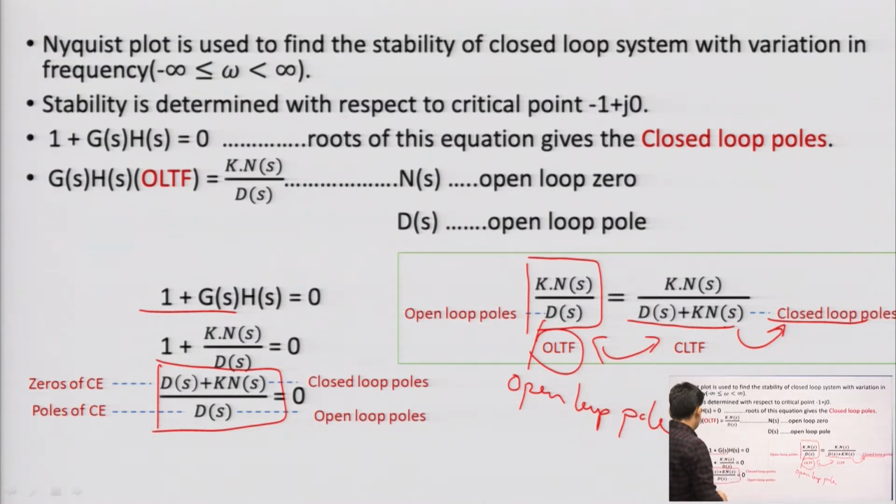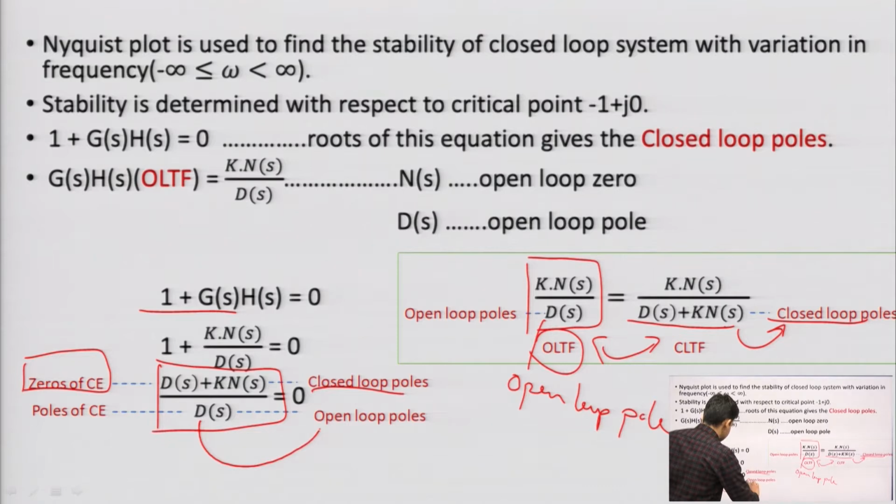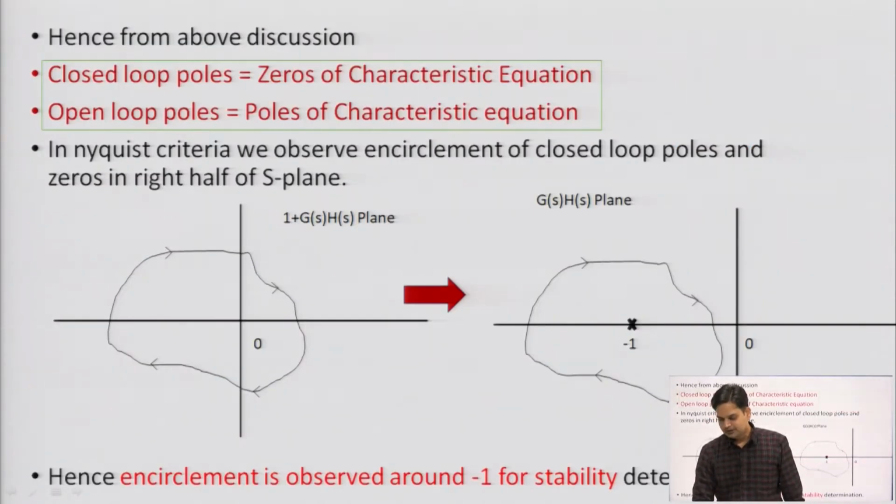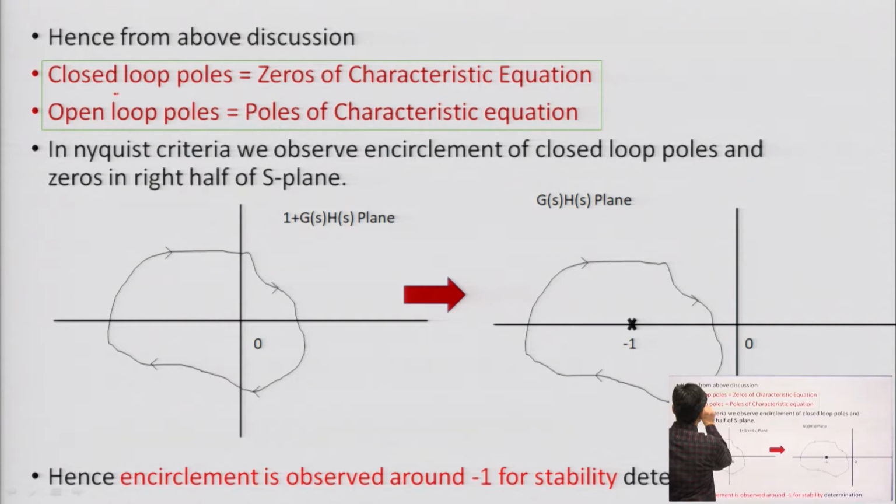When we calculate the 1 plus GSHS, we can see ds plus kn is coming in the numerator, which is equivalent to the zeros of the equation, and it is also giving us the closed loop pole. Okay. So, we can say its numerator part will give us the closed loop poles, and in the same way the denominator will give us the open loop poles. So, here we had seen the summary: the closed loop poles are equal to the zeros of the equation, and the open loop poles are equivalent to the poles of the equation.